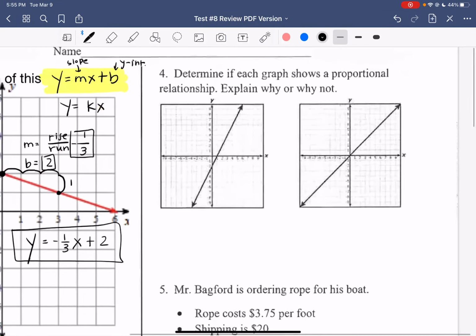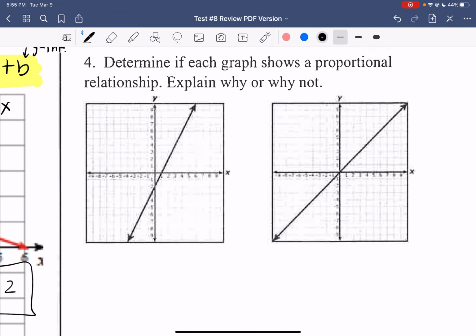Okay, number 4. Determine if each graph shows a proportional relationship. Explain why or why not. So, in order for a relationship to be proportional, it has to be a straight line and it has to go through the origin. So, this line is a no, and this line is a yes. No, because it doesn't pass through the origin.